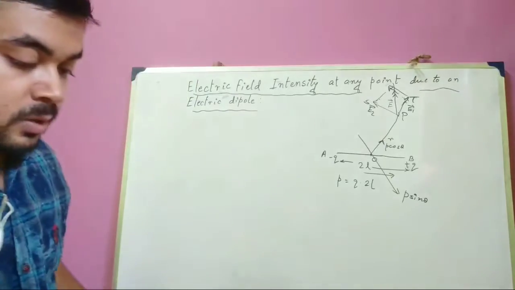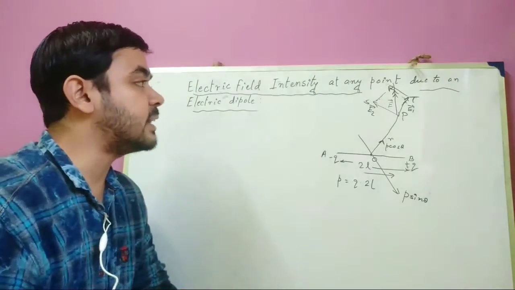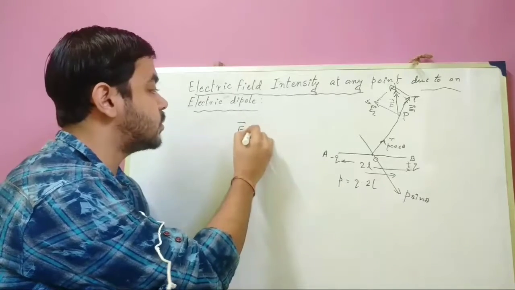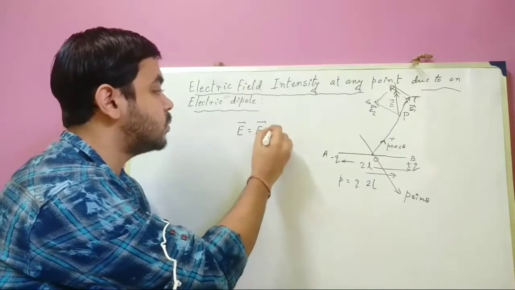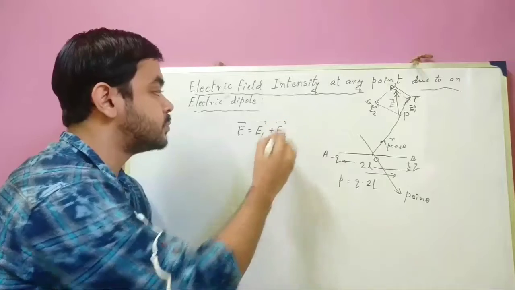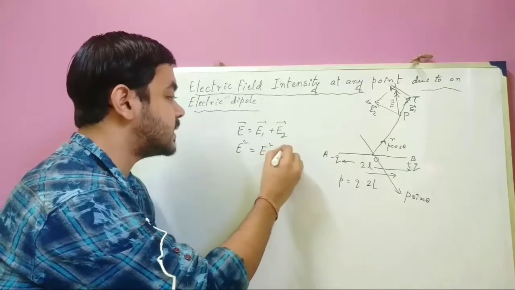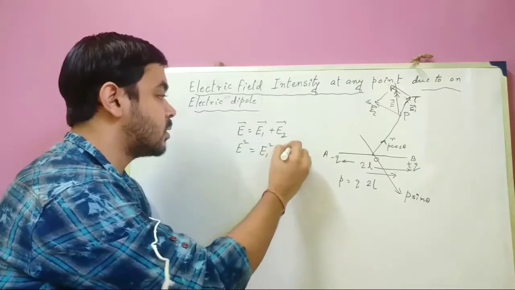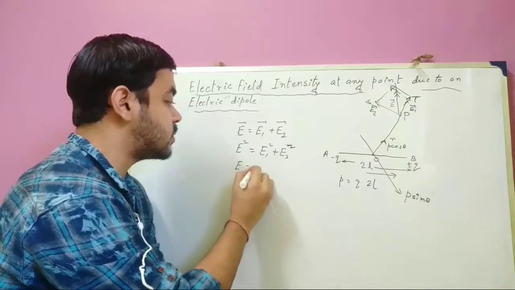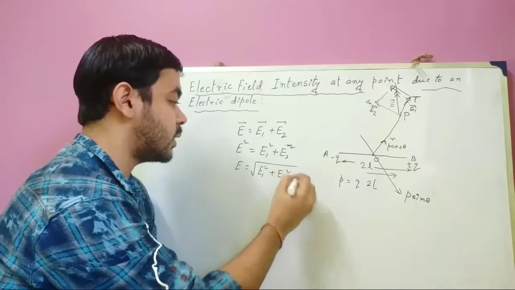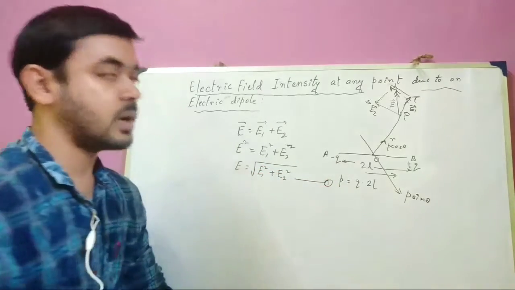Now, we can say that the resultant electric field intensity is given by E is equal to the vector sum of E1 plus E2, or E square is E1 square plus E2 square, or E is equal to root under E1 square plus E2 square. This is my equation number 1.